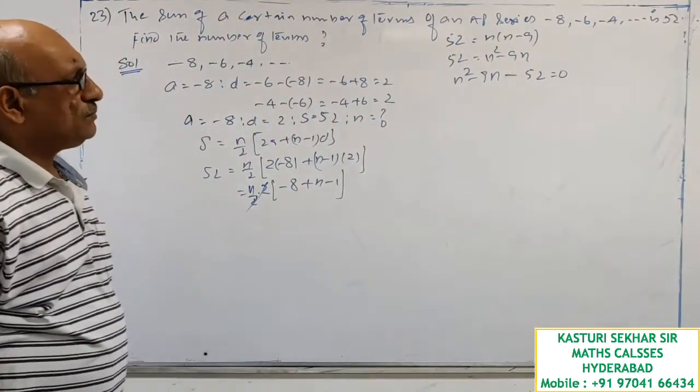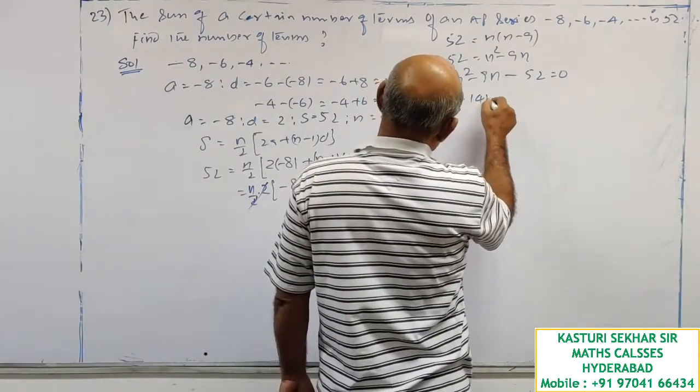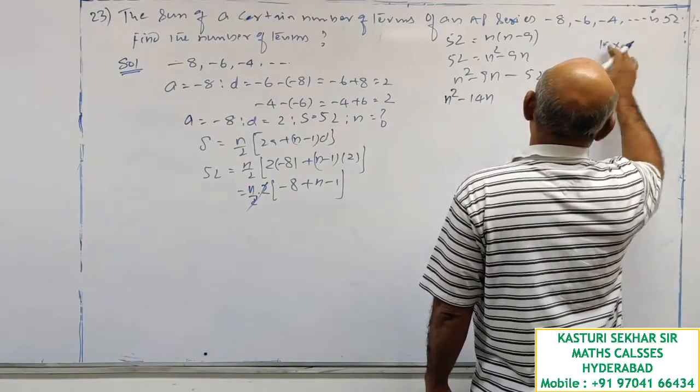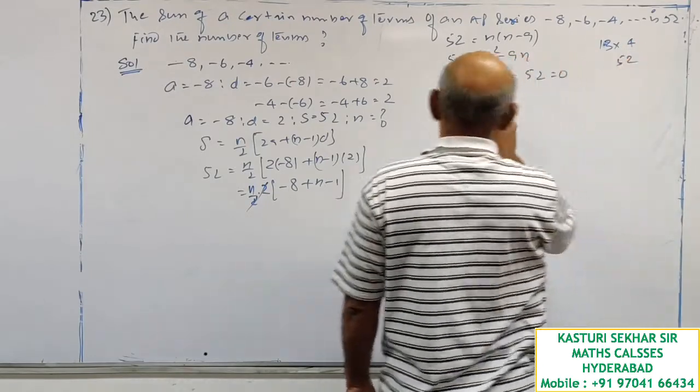Factors for 52: 13 into 4. 4 3s are 12, 4 5s are 20, plus 12, 52.